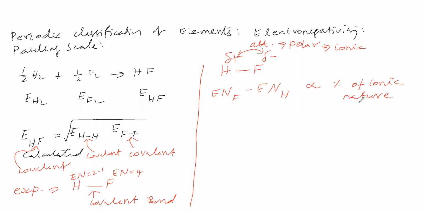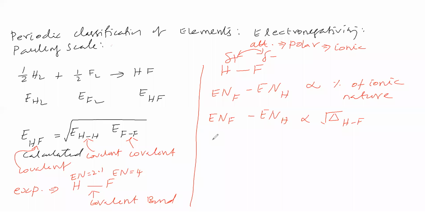The percentage of ionic nature is directly proportional to the square root of delta for HF. This delta is called the percentage of ionic nature, otherwise the polarity of the bond.